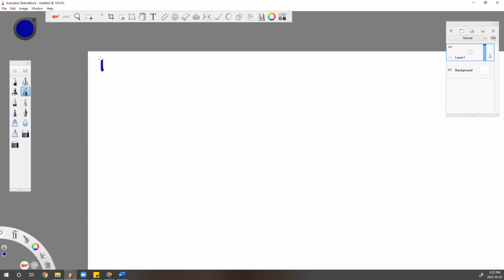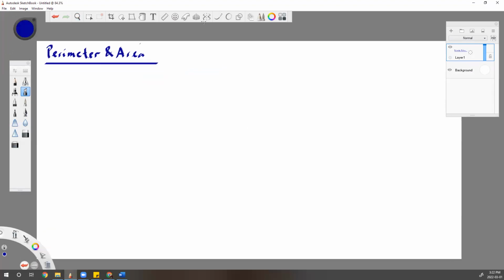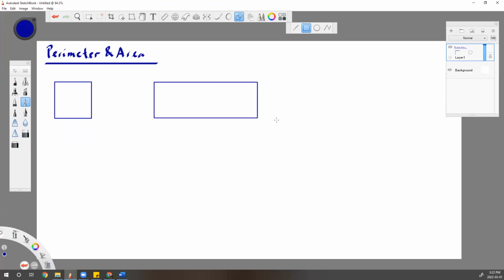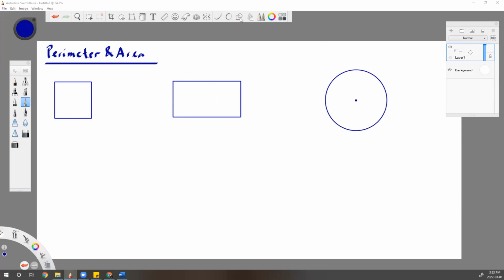Perimeter and area of square, rectangle, and circle. When we talk about a square, all sides have to be equal in size. For a rectangle, two opposite sides are equal. And the circle has a center and a diameter.